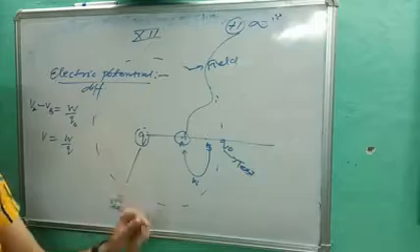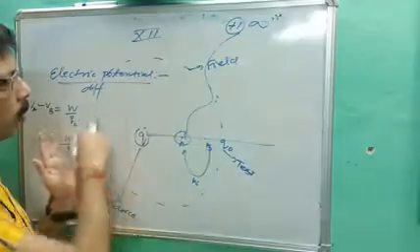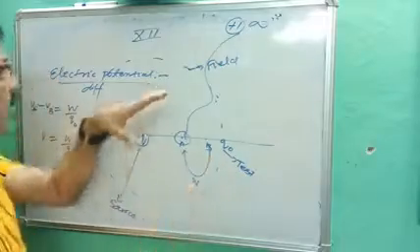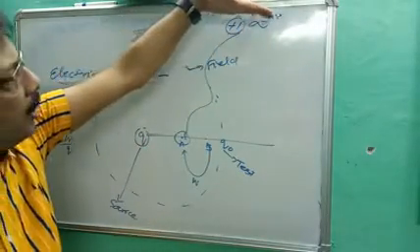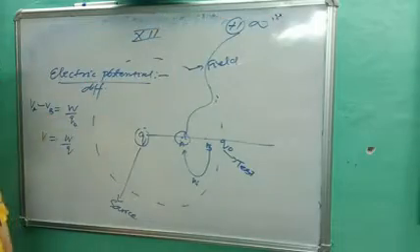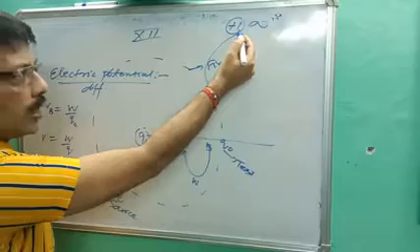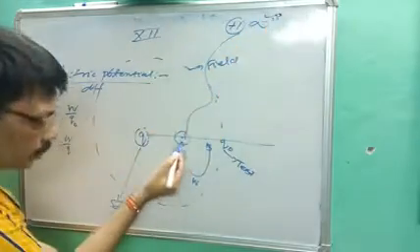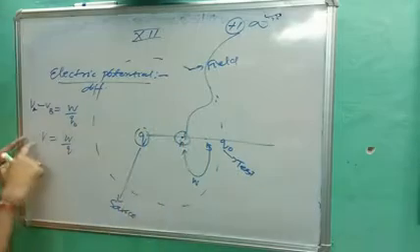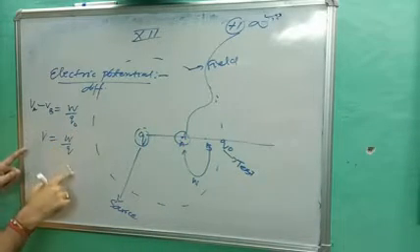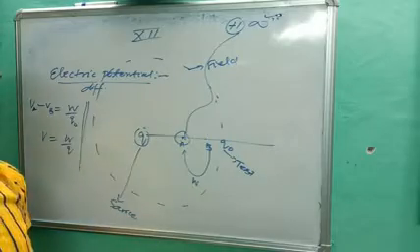For potential difference, you have to assume 2 points, and keep in mind both points should be inside the field, while for electric potential only one point is sufficient. The other point we can assume at infinity. This is the introduction of electric potential.